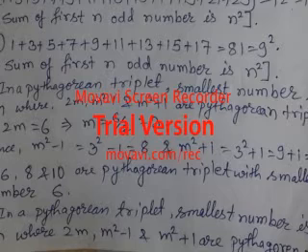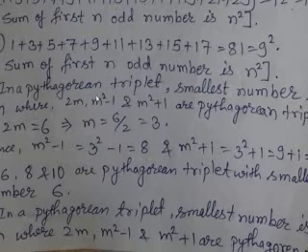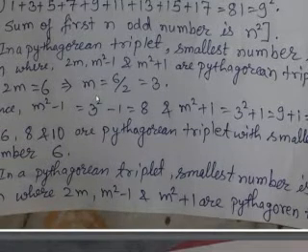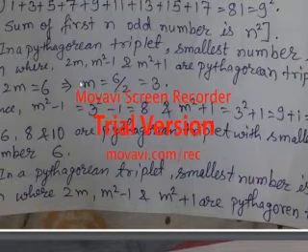Now if you see question number 6, here it has been written: write a Pythagorean triplet whose smallest member is 6. If you remember, during the online class also I had said that when we compare, the smallest member becomes 2m.